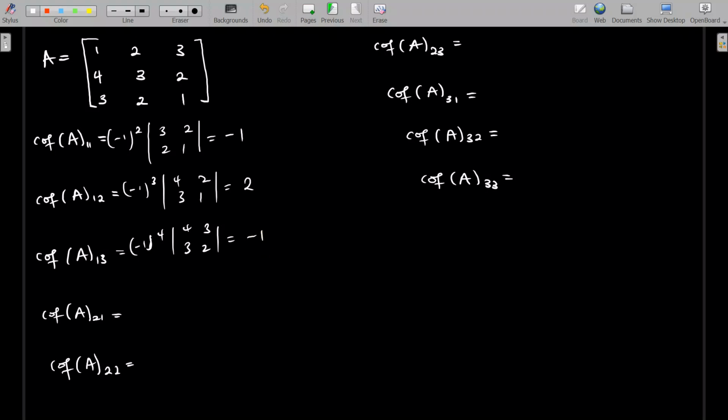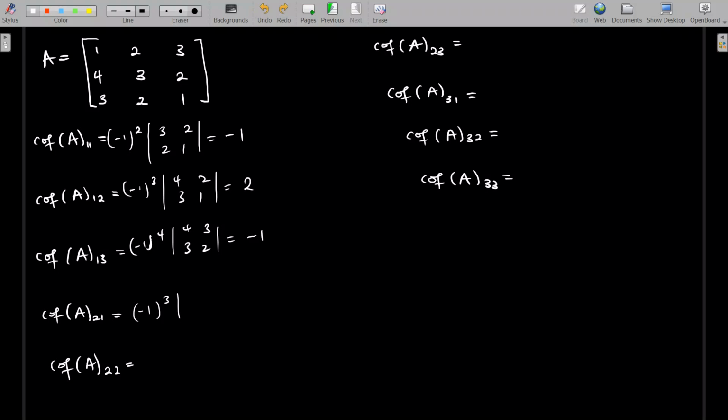Cofactor 2 1 is actually also going to be negative 1 to the sum of these i and j, so I'm going to have 3. The determinant of deleting row 2 and then column 1. Let me just first think about it again.